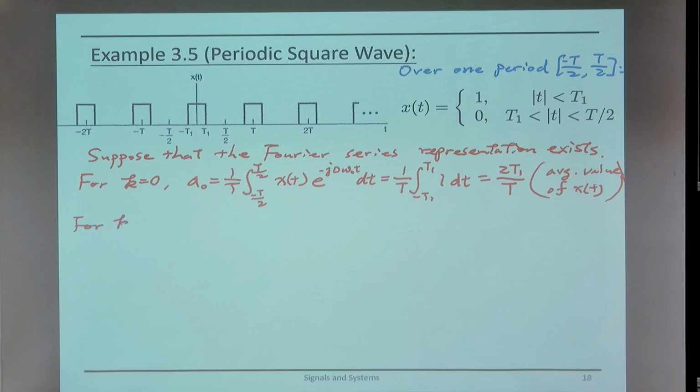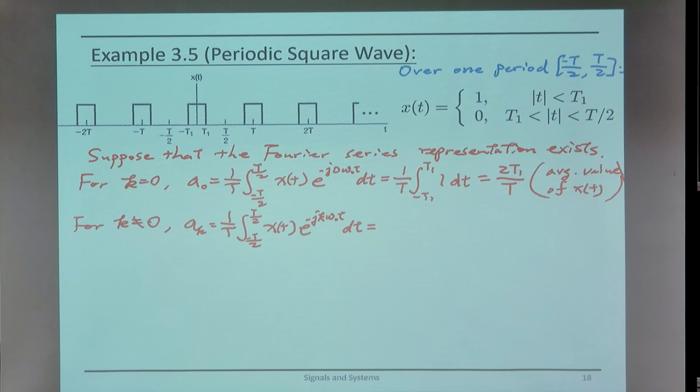Now, similarly, for k not equal to 0, we have a_k equal to 1 over T, integral from minus T over 2 to T over 2, of x of t e to the minus j k omega naught t dt. Again, x of t is 1 only from minus t1 to t1.